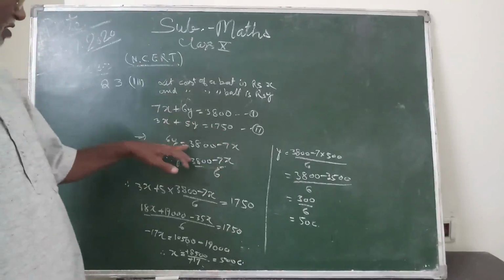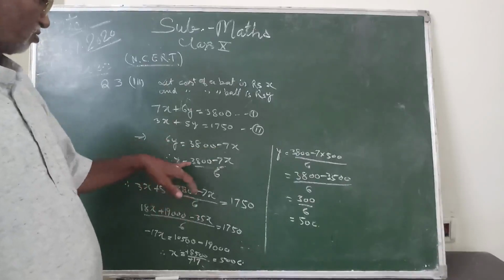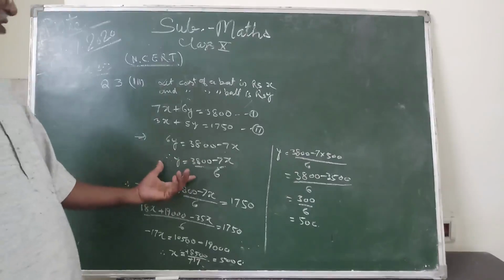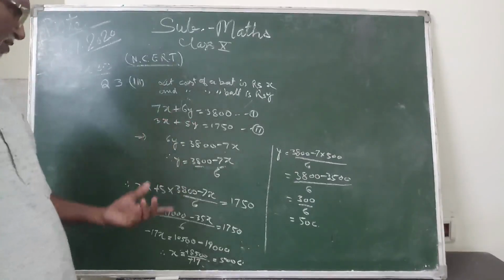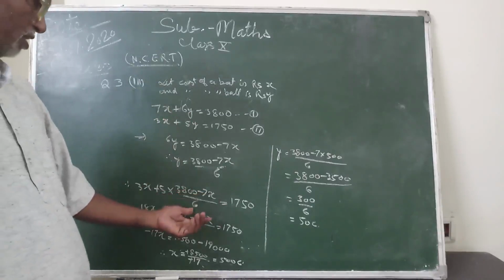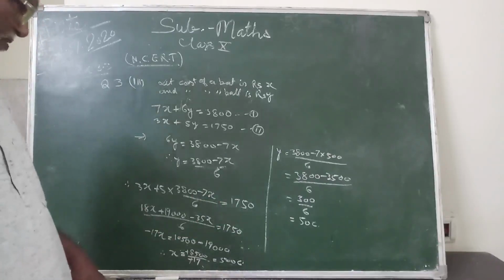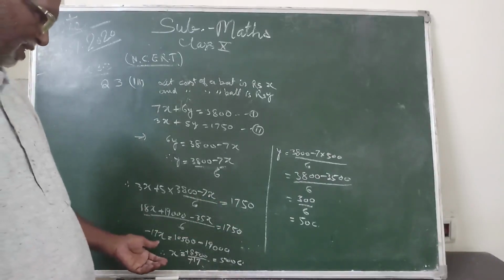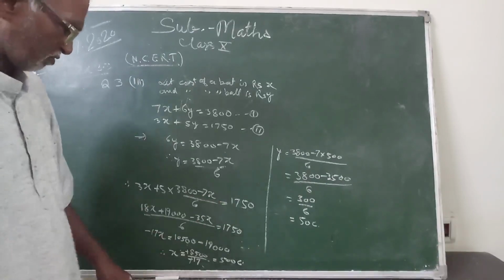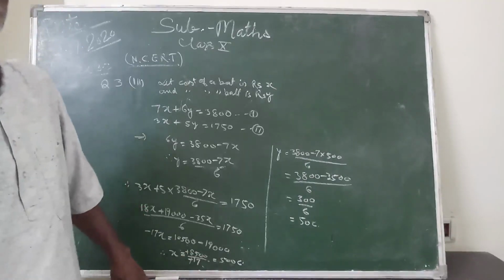From the first we get 6y is equal to 3800 minus 7x, therefore y is equal to (3800 minus 7x) by 6. Substituting the value of y in the second equation, we get 3x plus 5 into (3800 minus 7x) by 6 is equal to 1750. On taking LCM and simplifying, we get minus 17x is equal to minus 8500, by which x comes equal to 500 rupees.